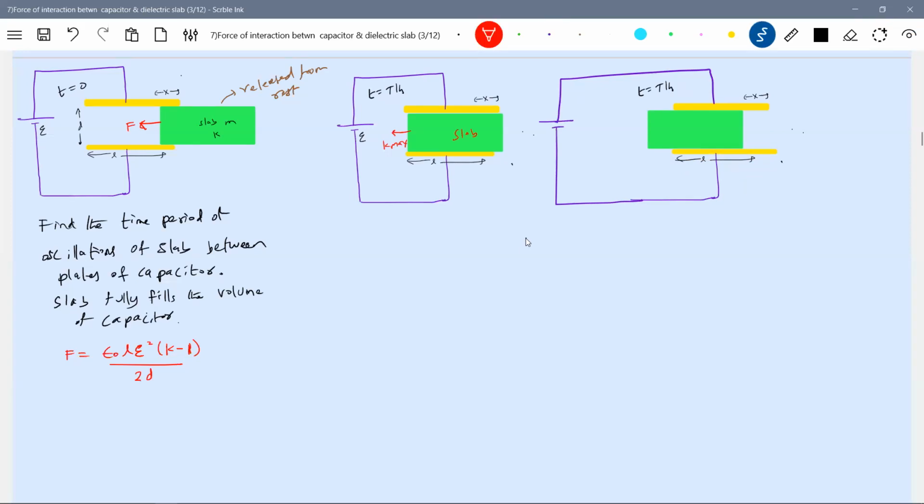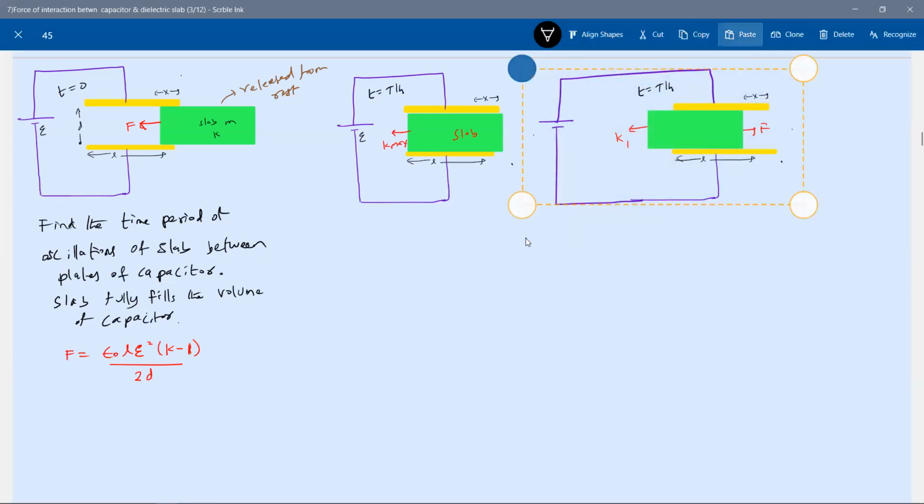How will the force act? Now the force will act in the opposite direction. There'll be retardation. K1 is the kinetic energy here; K is the dielectric constant of the slab. Here K max and K1 are kinetic energies. It will undergo retardation, then finally it will come to rest. Instantaneous rest, better you call it.